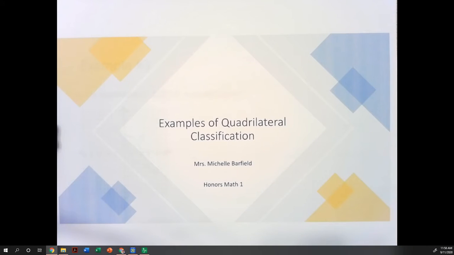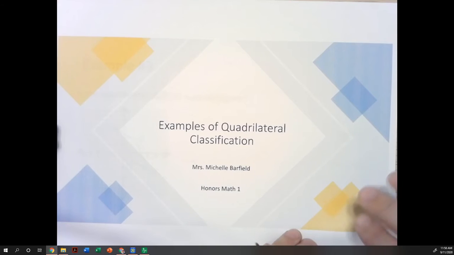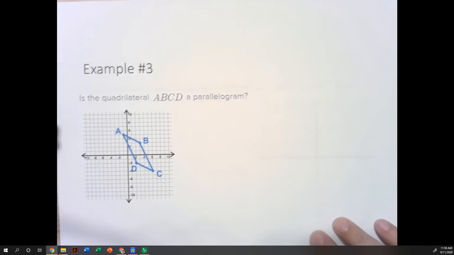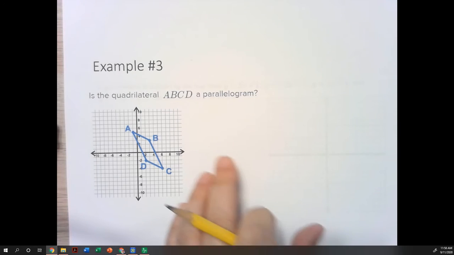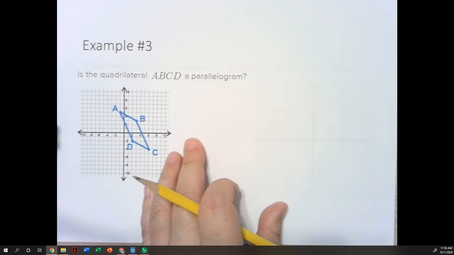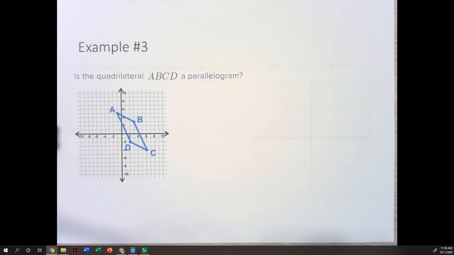All right, you guys, so welcome back to example number 3. Is the quadrilateral ABCD a parallelogram? Okay, so that's good. We know what shape we're dealing with. So now we just have to prove it.